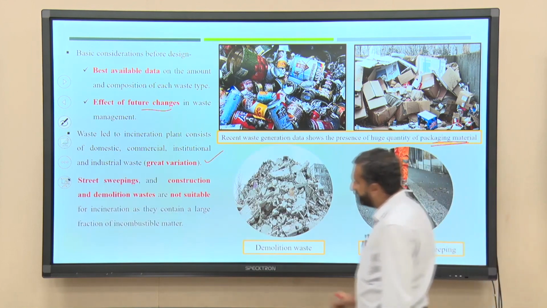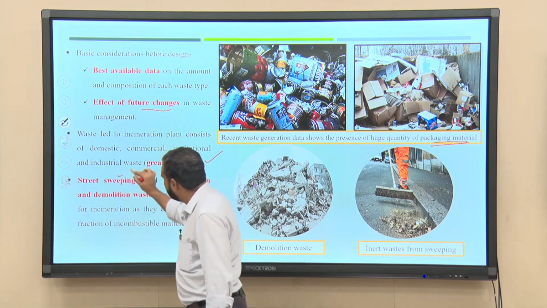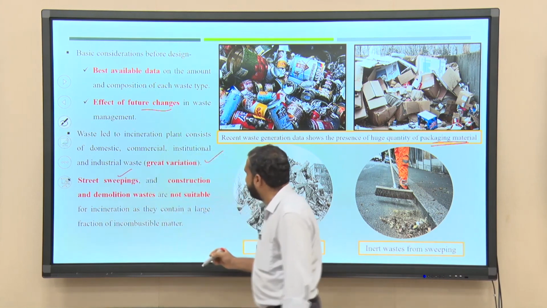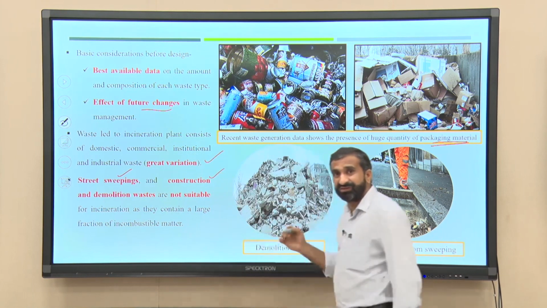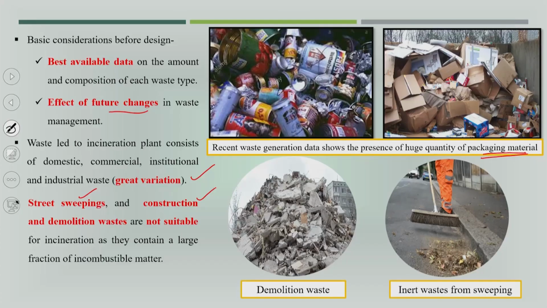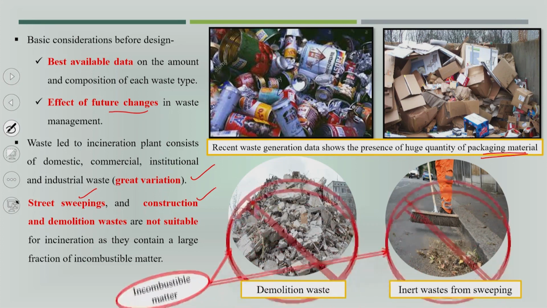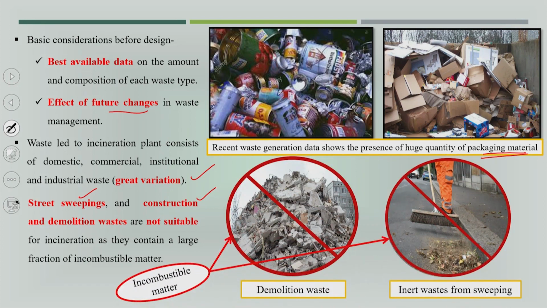And another special kind of waste, like street sweeping waste, which is inert content, and construction and demolition waste, is produced in huge amounts in India. It is not suitable for the incineration process, because it contains uncombustible matter.